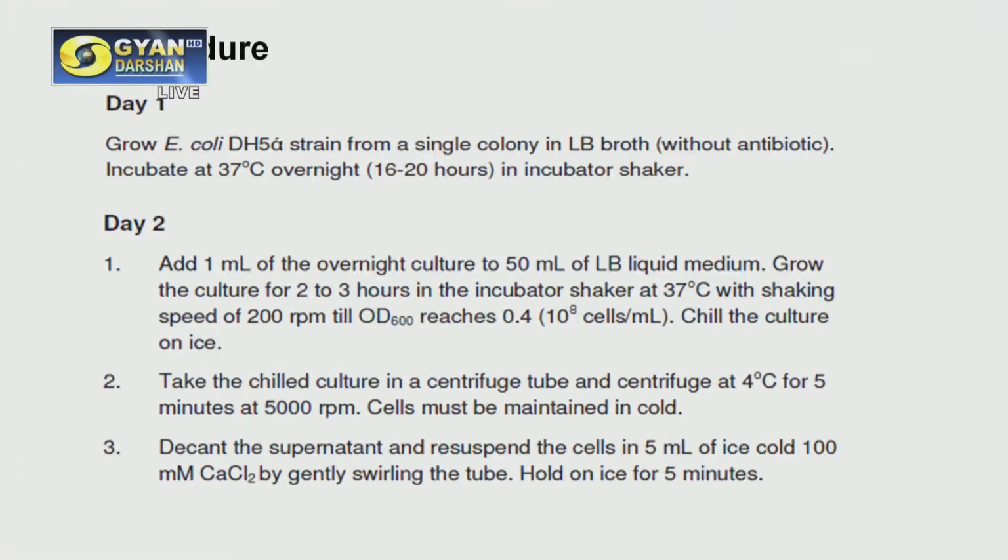So the procedure is, you need to first grow the E. coli cells. Grow the E. coli cells overnight and derive a liquid culture, maybe in a 5 ml medium. The medium which is normally used is the Luria-Bertani medium.